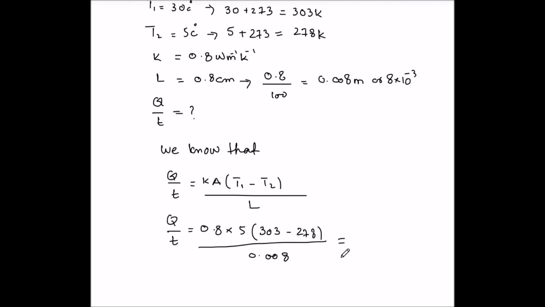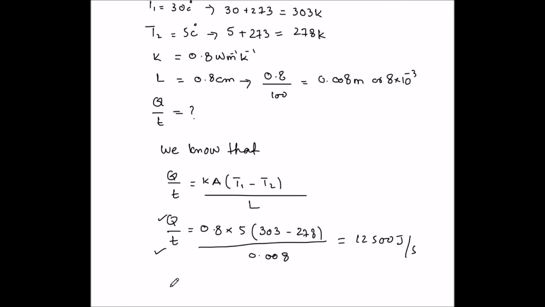After the solution, finally we get the number 12,500 with unit joules per second. Because at the top you have energy, you write in joules, time in second, joules per second.